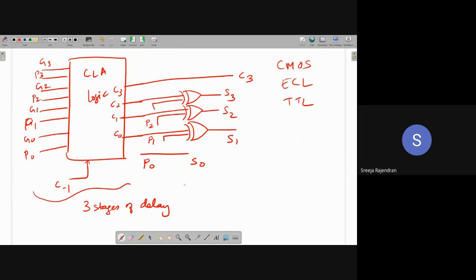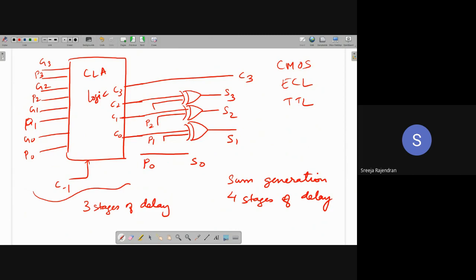So for sum generation I have 4 stages of delay. This 4 stages of delay will be constant if I make a large circuit like an 8-bit carry look ahead adder.